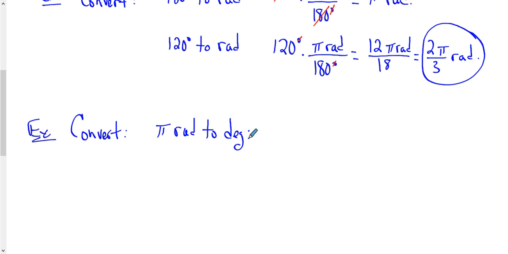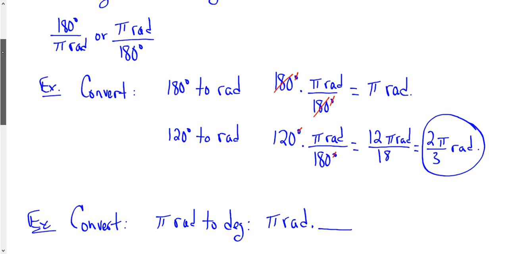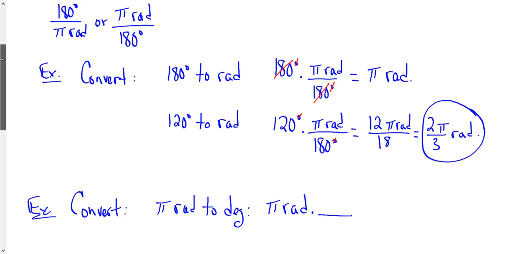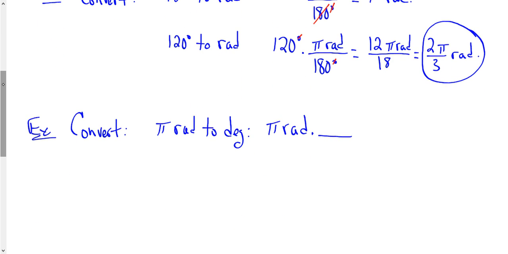Okay? So I'm going to start with my pi radians times, now I want radians to cancel and be left with degrees, right? So which of those two ratios up top am I going to multiply by? Multiply by 180 over pi. So I need radians in the bottom, right?